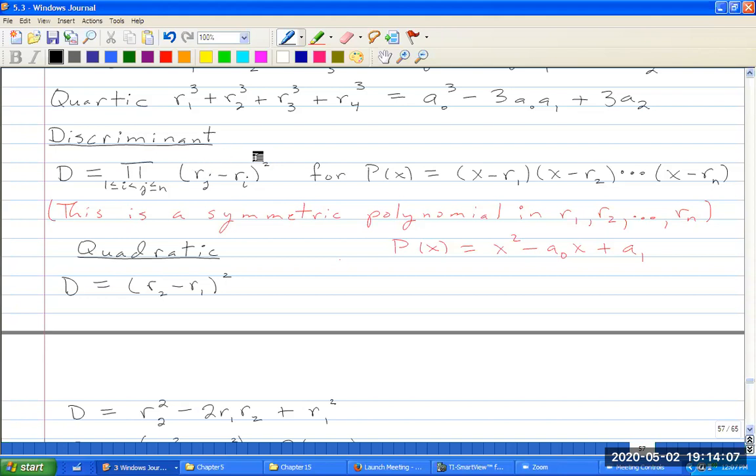Since R1 minus R2 is the same as R2 minus R1, if I want to write this in, say, decreasing order, then I'll just say it's the product of R sub j minus R sub i, for 1 less than or equal to i less than j less than or equal to n.